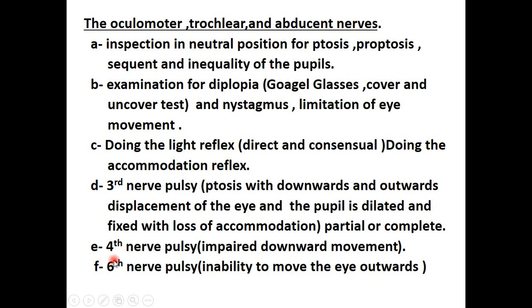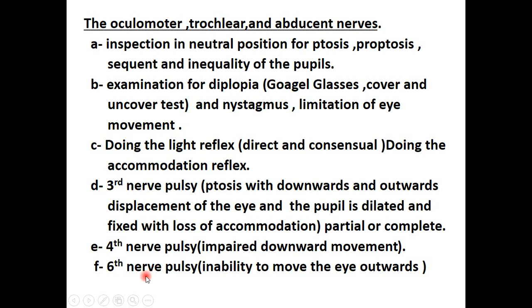The fourth cranial nerve supplies the superior oblique. So in fourth cranial nerve palsy or injury, we have impaired downward movement, especially when climbing stairs, which is very difficult. Sixth cranial nerve palsy is common because the nerve has a long course inside the brain and is liable to injury, especially in diabetes, stroke or CVA, or any brain problems.